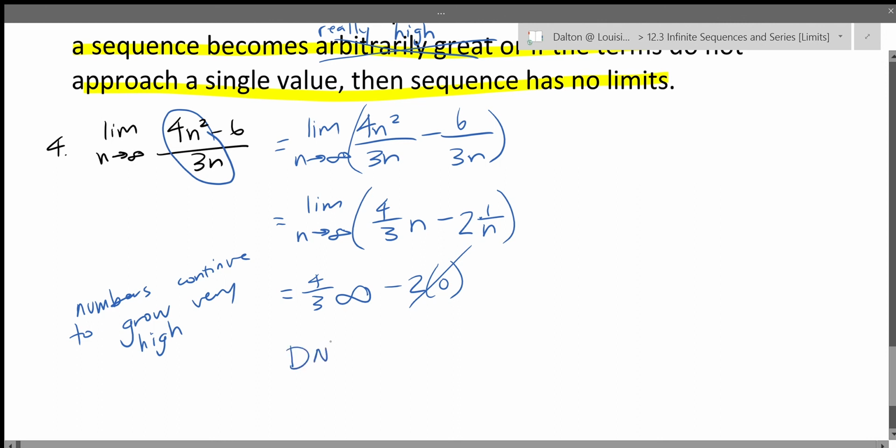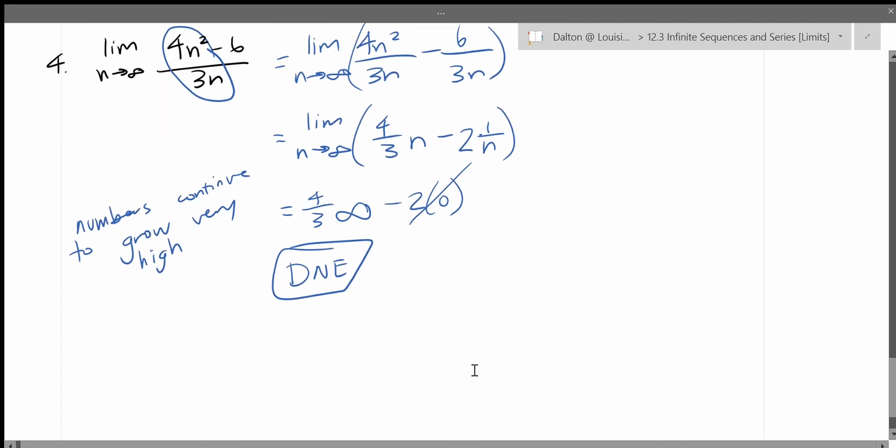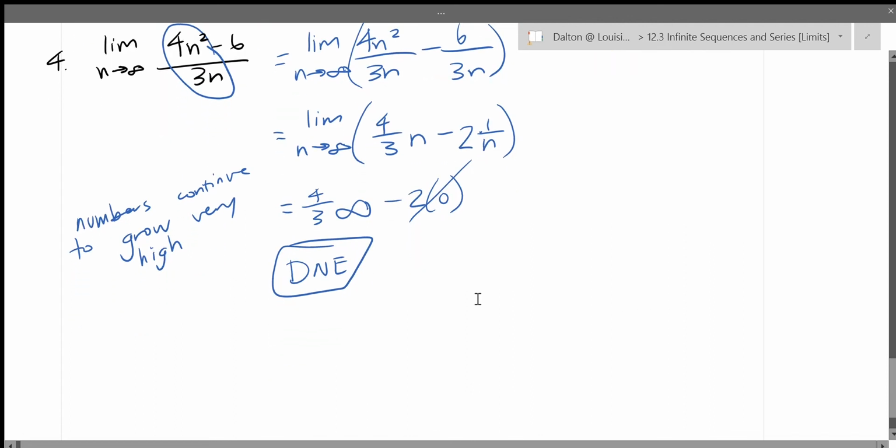Therefore, the limit does not exist. Does that make sense? Okay, so there's one example.